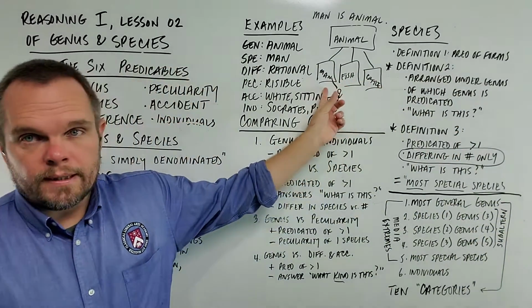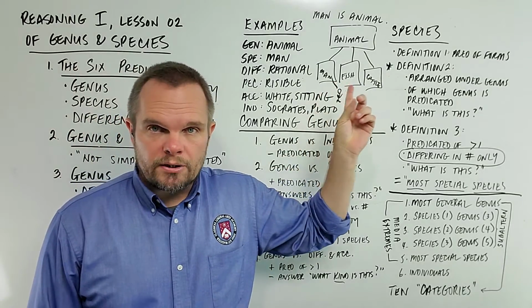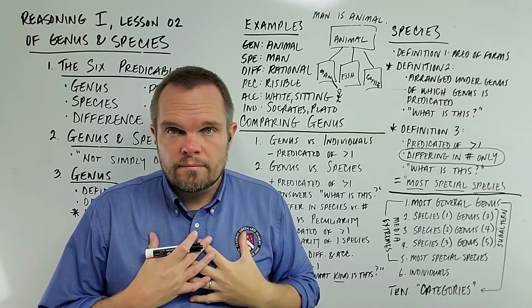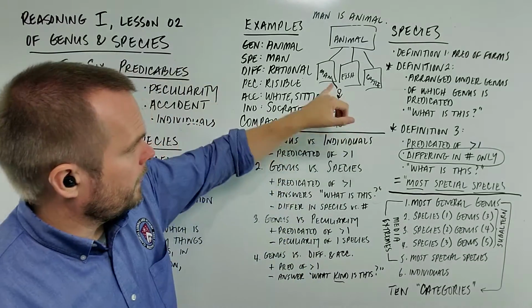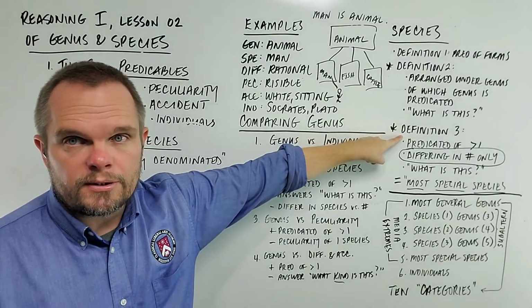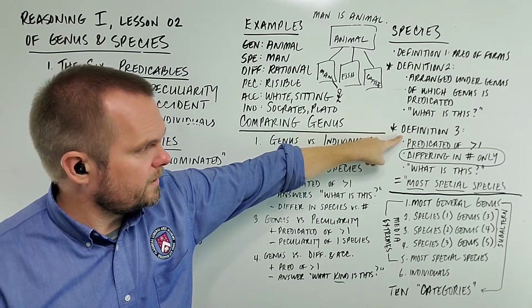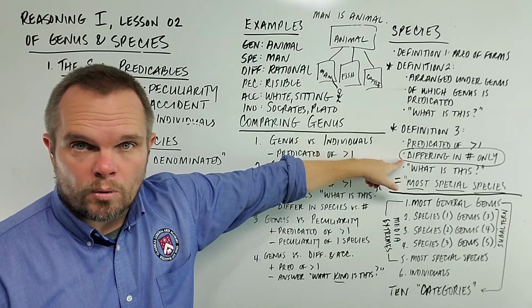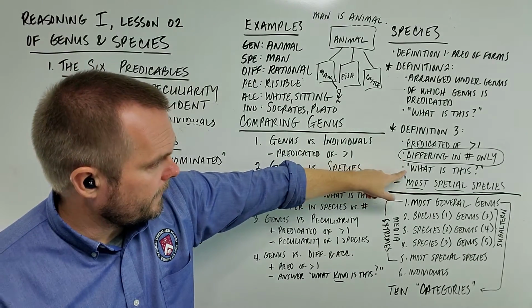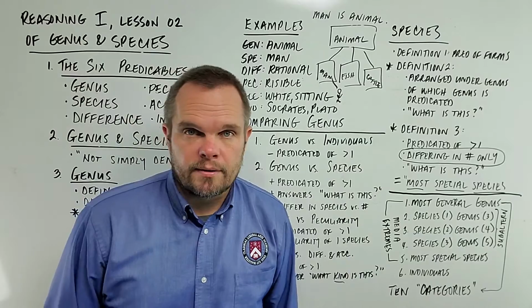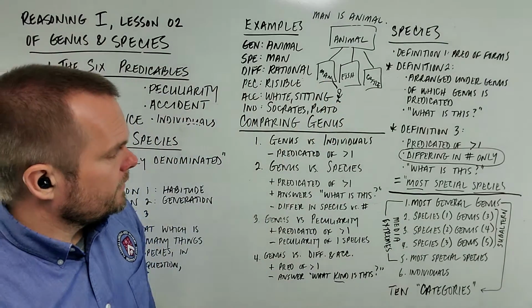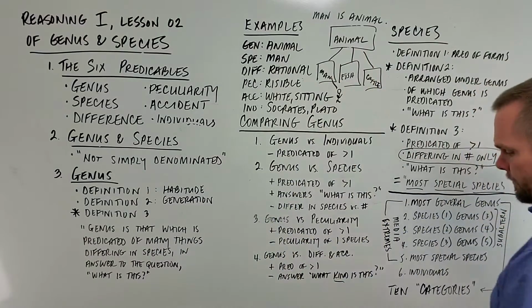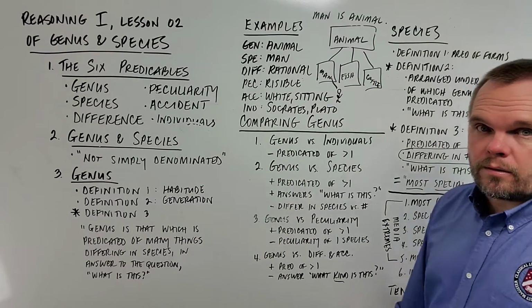Man is the most special species of any individual. Man is definition 3 species, most special species, predicated of many things, things that differ in number only, that means individuals. It answers the question, what is this? Man is most special species. We said animal is the genus.